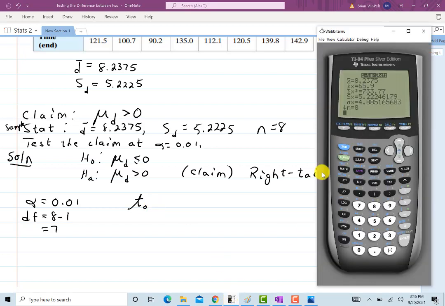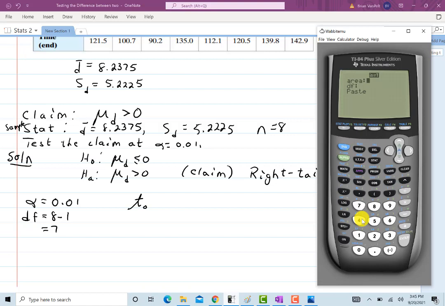So this is a right-tailed test, which is a little bit different. Let's go to my distributions. Now, since I want a T value, I want number 4 for inverse T. How much area? If you put 0.01 here, it's going to give you the area that is all the way to the left at 0.01. I need the 0.01 to be all the way at the right. Let me draw a picture.